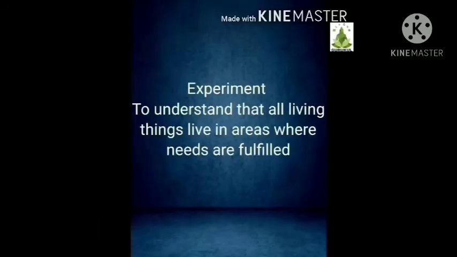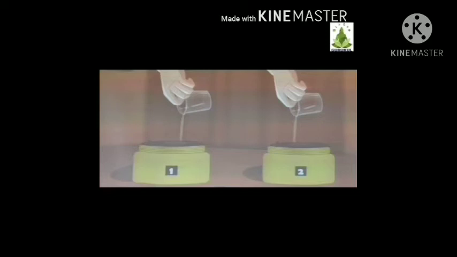Students, now let's see one experiment to understand that all living things live in areas where their needs are fulfilled. Take two small boxes, label them box 1 and box 2. Fill them with soil. Now put enough water in both the boxes to sow seeds.